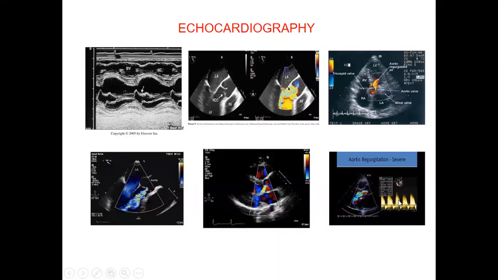So this is the Doppler method which is used for quantifying the aortic regurgitation. This is the typical envelope formed in a patient who has severe aortic regurgitation, and by different methods of Doppler echocardiography, you can quantify whether this patient has mild, moderate, or severe disease.